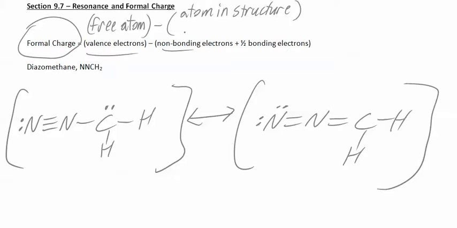Non-bonding electrons, those are the dots, or the unshared electrons. And we have bonding electrons, those are the lines, the shared electrons. If they're being shared between two atoms, each atom only gets half of them when they divvy them up for formal charge.